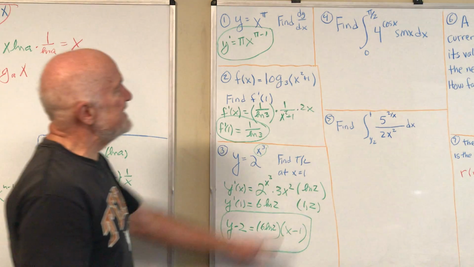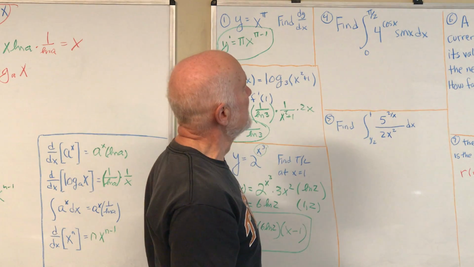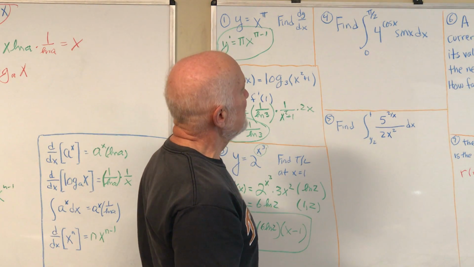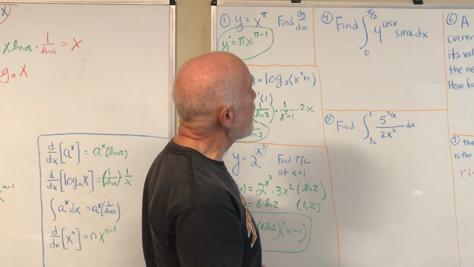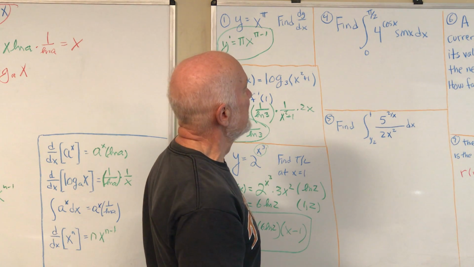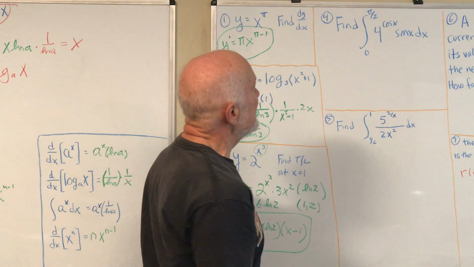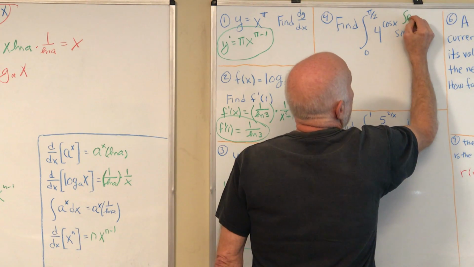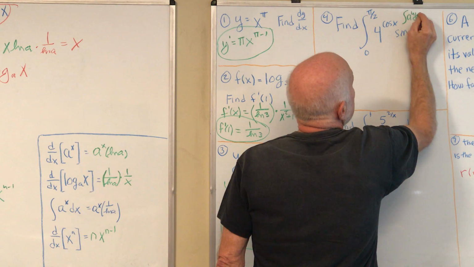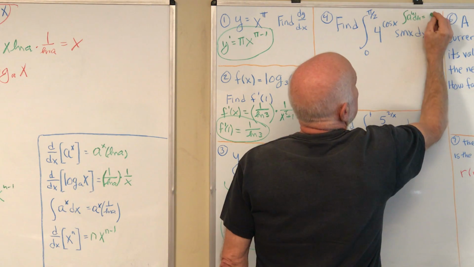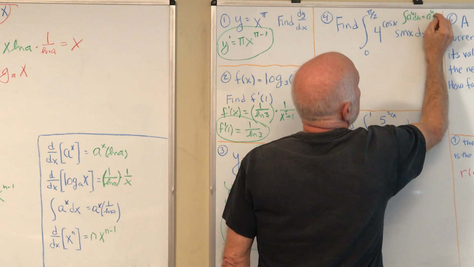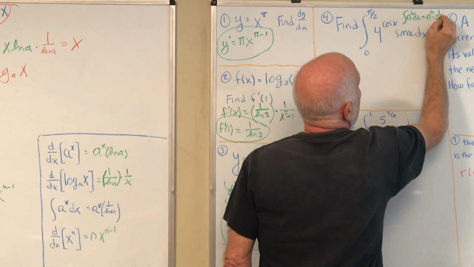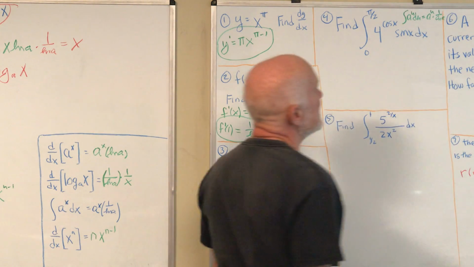Okay, now we've got a definite integral. And we have to look for any new forms that we've learned. Well, we did learn a new form. The integral of a to the u du was a to the u times 1 over the natural log of a plus c.